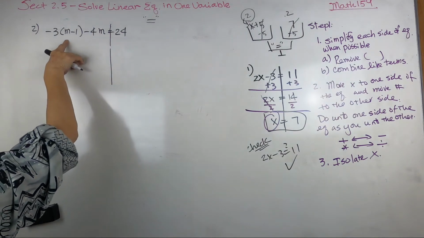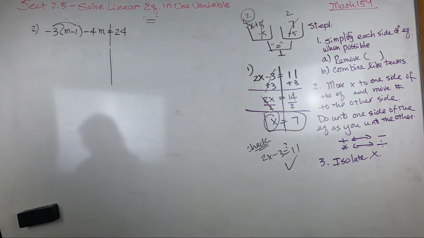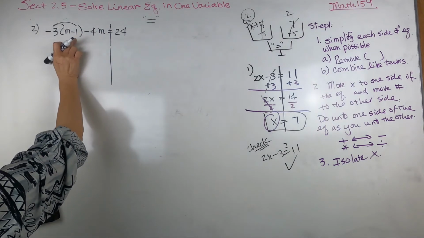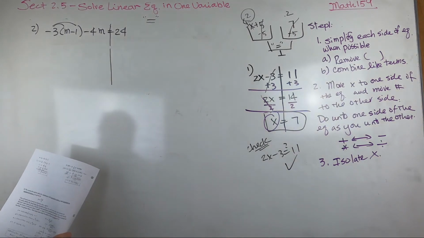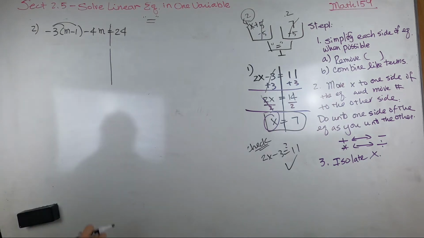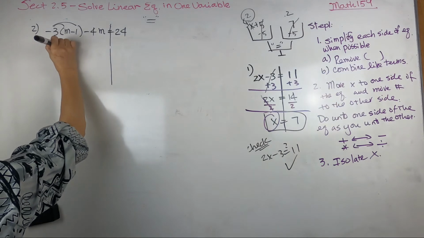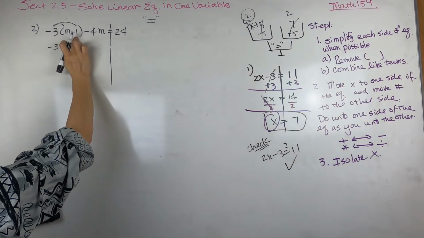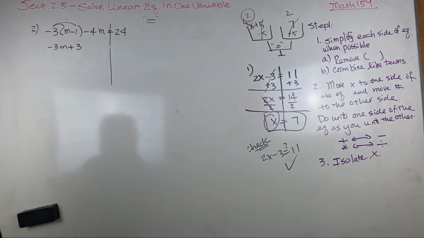You need to do multiplication first, and you also need to distribute correctly with your signs. Multiplication means you have to multiply everything in between, right? So you will have -3 times m will be -3m. -3 times -1. Negative times negative is a positive. It's a positive 3.